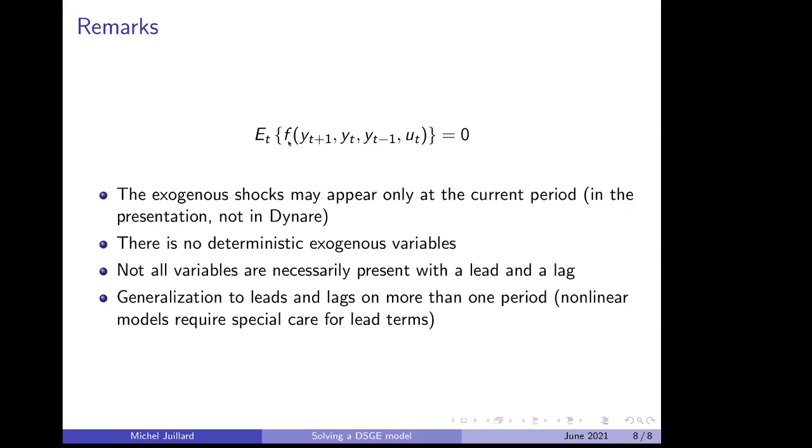I'm always writing the model with leads and lags of one period, but of course, in practice, many models mobilize lags or leads of more than one period. We can always bring back a more general model to this form by adding auxiliary variables.